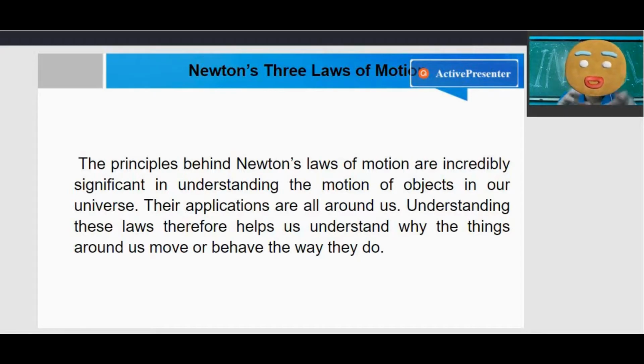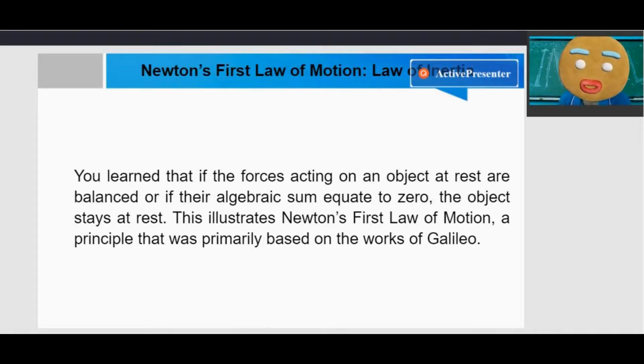Lahat ng bagay, lahat ng nangyayari, lahat ng movements around us, they move in accordance to the law of motion. So this lesson is important so that maintindihan natin kung bakit ganyan ang galaw ng mga bagay-bagay sa ating paligid.